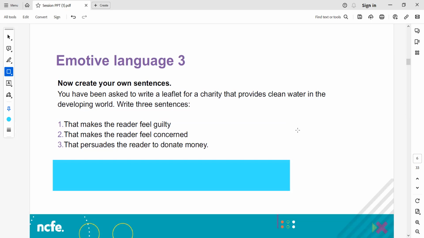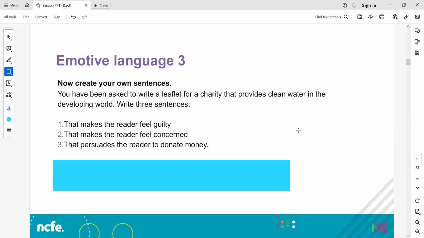So the task is, you've been asked to write a leaflet for a charity that provides clean water in the developing world. So write three sentences: one that makes the reader feel guilty, two, a sentence that makes the reader feel concerned, and three, that persuades the reader to donate money. Okay, so I'll give you a couple of minutes to have a go at that.